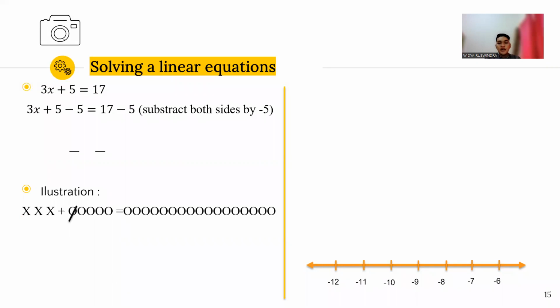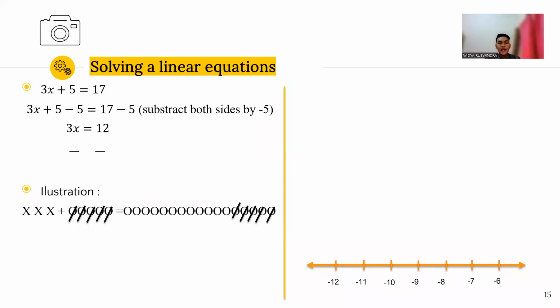We subtract both sides by 5. The 5 objects on the left, we eliminate 1, 2, 3, 4, 5, and the 5 objects on the right side, we eliminate 1, 2, 3, 4, 5.